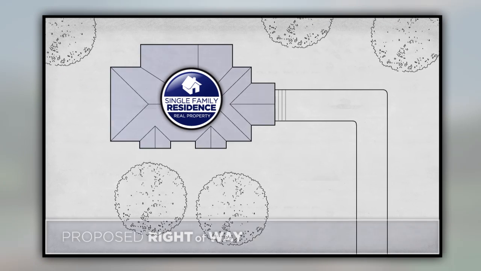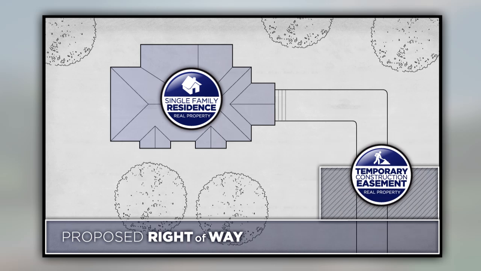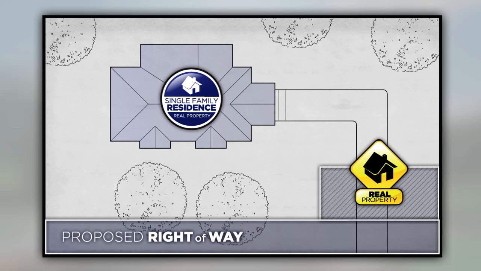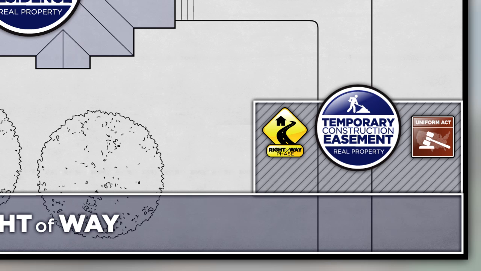For example, an agency might ask a property owner to convey a temporary or permanent easement in order to construct a project. When agencies acquire temporary or permanent easements from a property owner, that agency is acquiring real property interests, which is considered right-of-way.